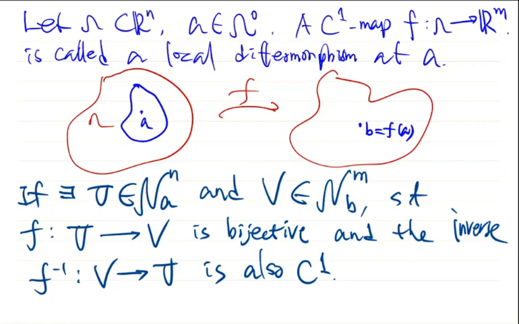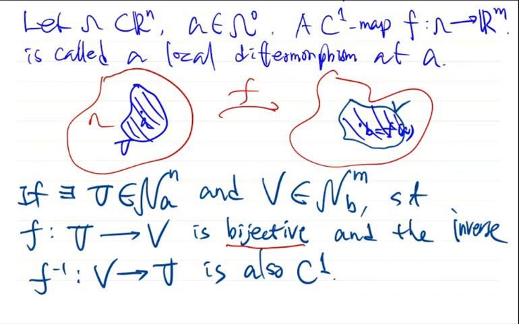That is, we have an open set containing A and another open set containing B, such that restricted to U, we consider F as a map from U to V. F is one-to-one and onto. Moreover, since it is bijective, it has an inverse map, and the inverse map is also continuously differentiable.